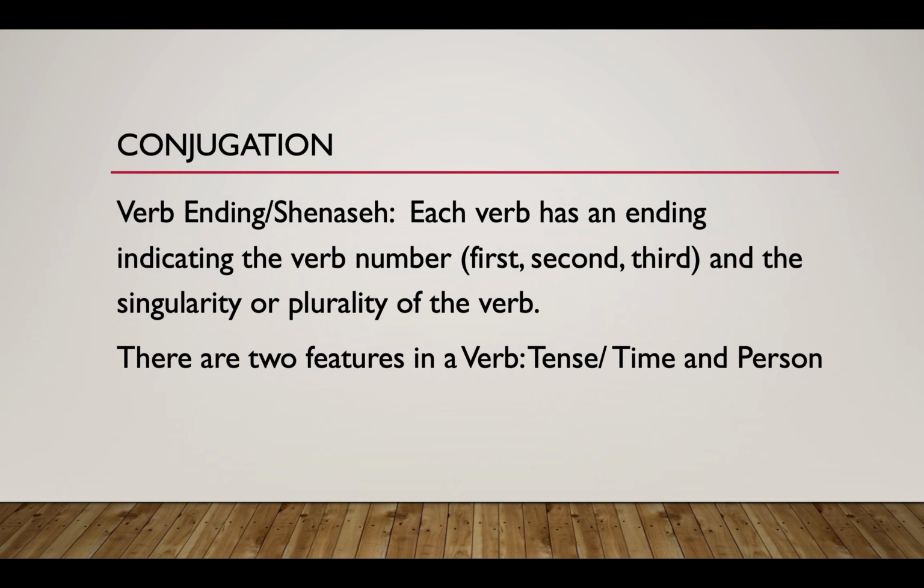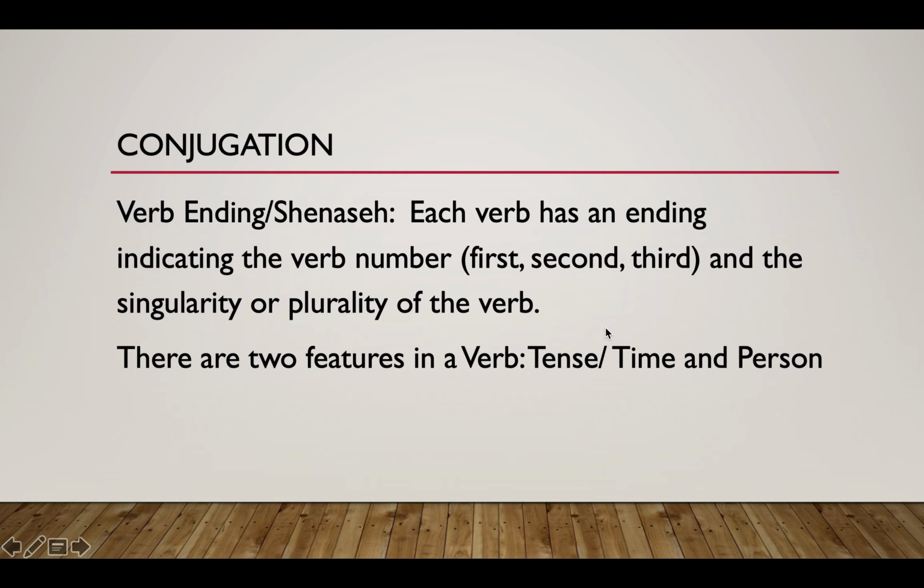When we conjugate a verb, we add a new ending to that verb, and sometimes maybe prefixes to show extra information about the action that has happened. So each verb has an ending which shows the person.